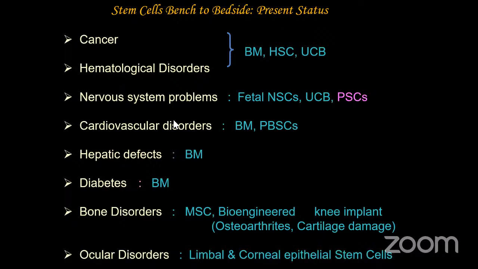Diabetes is still at its infancy, but hematological disorders have gone to the clinic. Many people are trying in cancers and other diseases. And in Japan and other places, they have also tried fetal stem cells in Parkinson's disease, and even iPSC-derived cells in retinal replacement for retinal disorders. So this is where we are today.